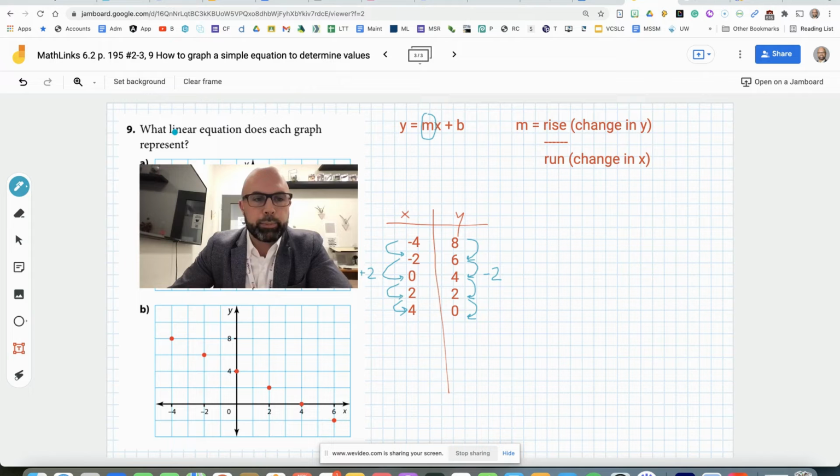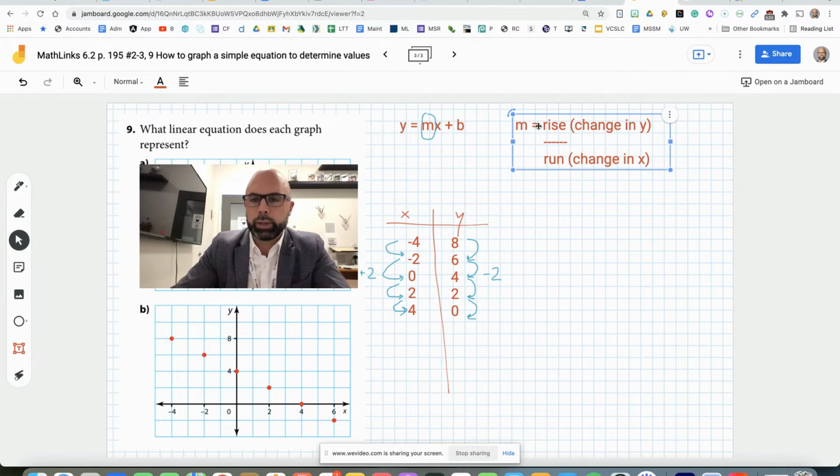So to go back up to our calculation, let me get into the big box. There we go. Our calculation for m is going to look like this. M equals the rise, and maybe I'll use some green here or some blue.